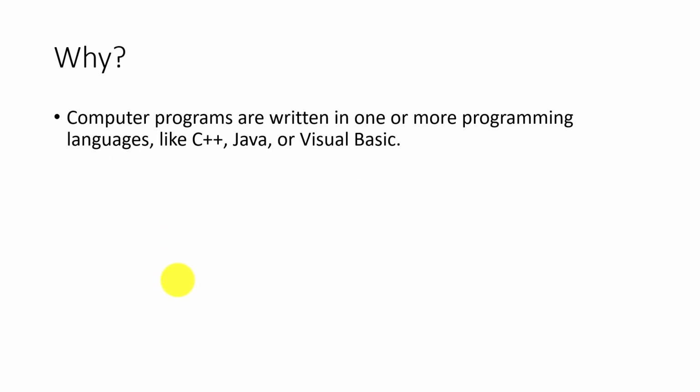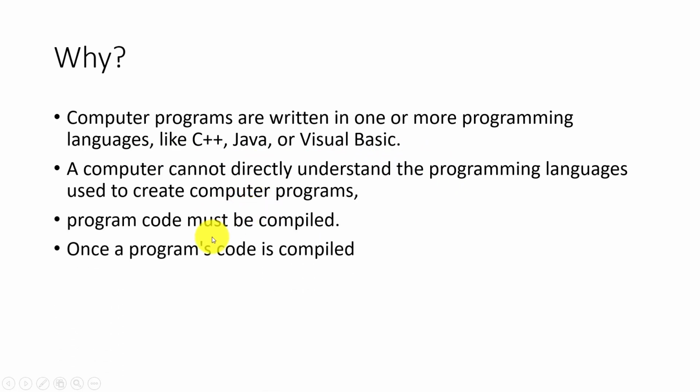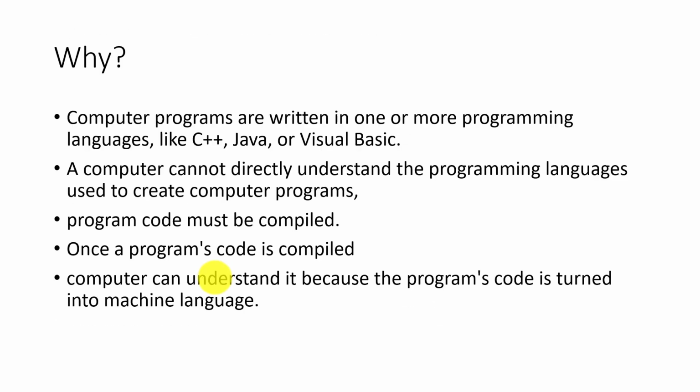Now why do we need machine code or machine language? Because computer programs are written in languages like Java and Visual Basic, which are high level languages, and the computer cannot directly understand a high level programming language. So the program code must be compiled, that is, translated into machine code or object code.